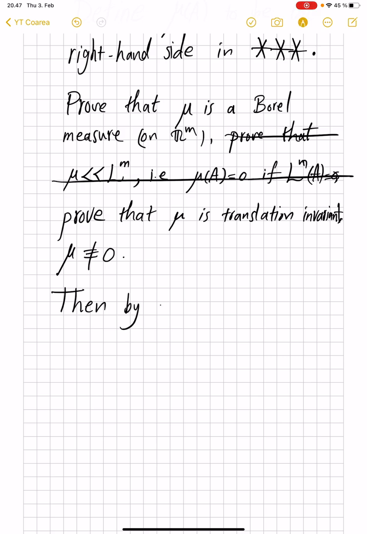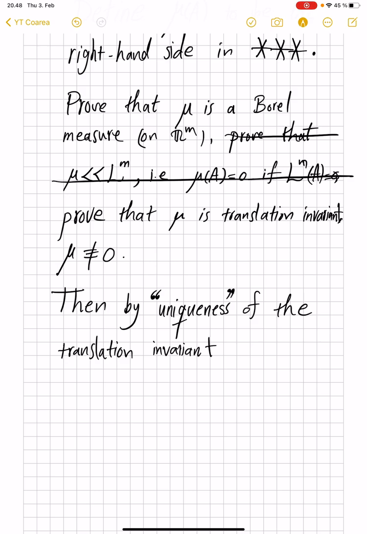Then by uniqueness of, so this is not completely uniqueness. You need the condition that the measure of the unit cube be equal to 1 or something. So up to a constant. So by uniqueness of the Lebesgue measure, or the translation invariant measures, there exists a constant C positive, such that mu is a constant multiple of the L^m.